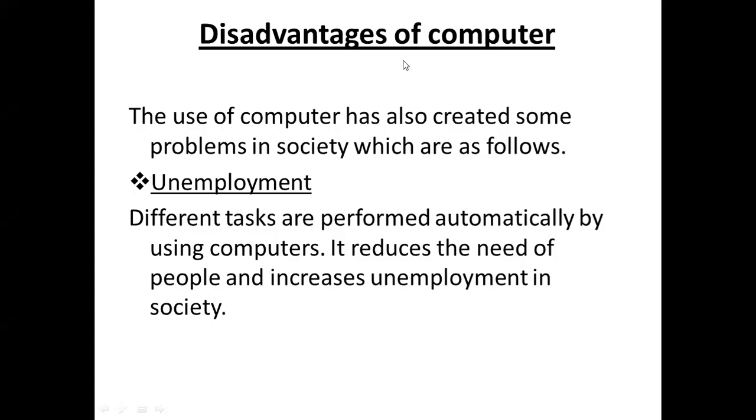It reduces the need of people and increases unemployment in the society. With the invention of computer, it gives birth to unemployment. Now it reduces the chances of people working. Now most of the tasks are done by computer, which were done by humans in the earlier years.